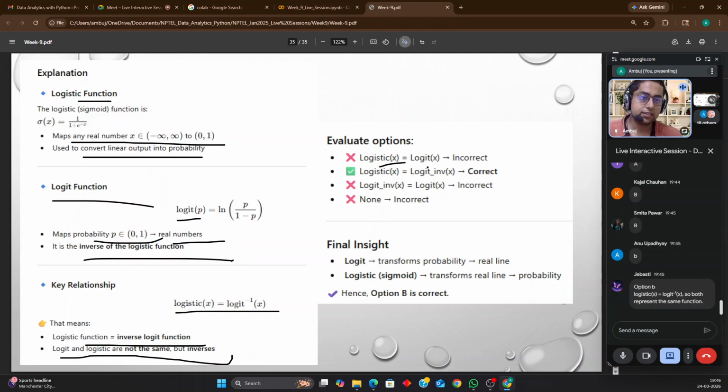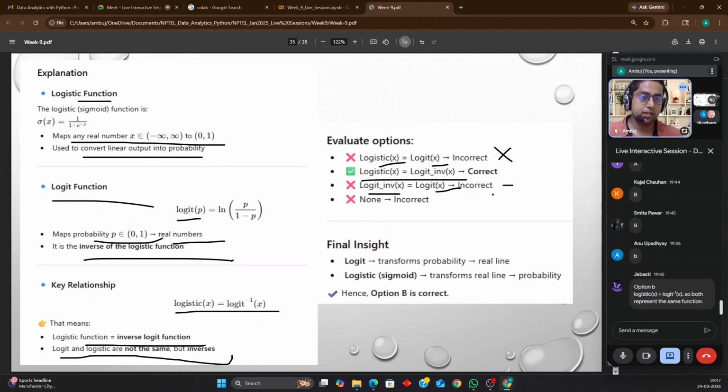So logistic of x is equal to logit of x is not correct. Logit inverse x means the inverse of ln of p over 1 minus p; it is not equivalent to logit of x. Logistic of x is equal to logit inverse of x, yes, this statement is true.